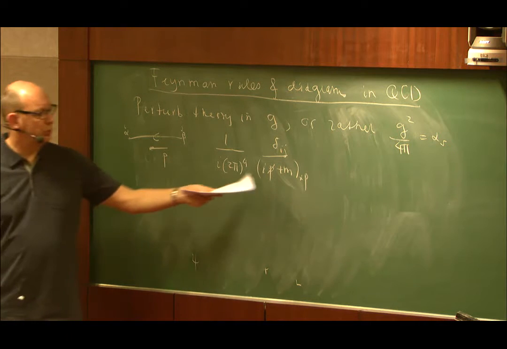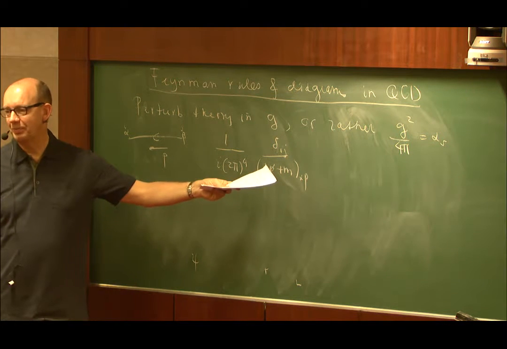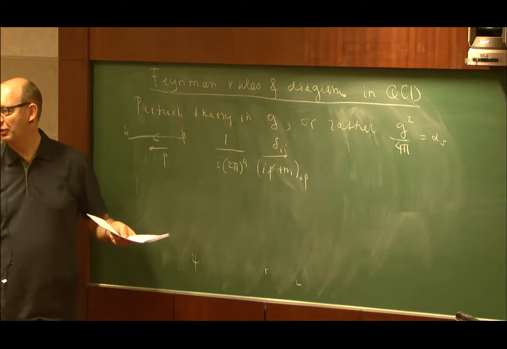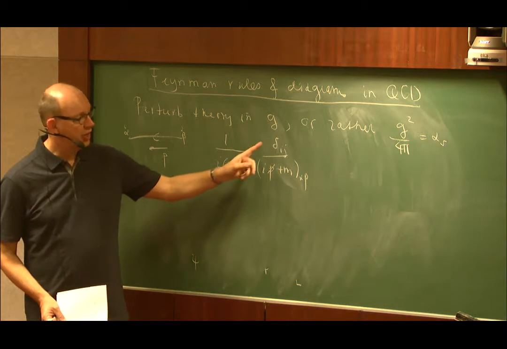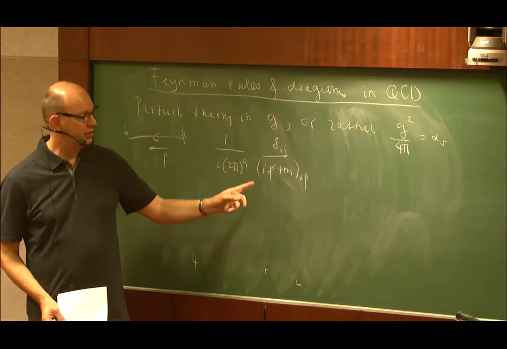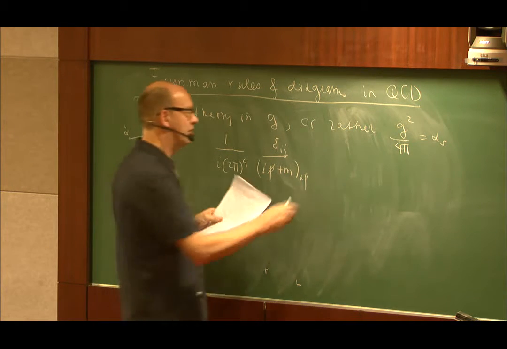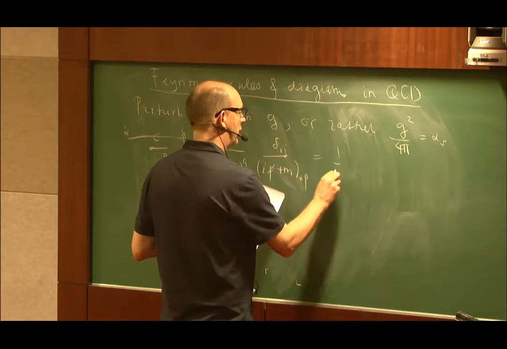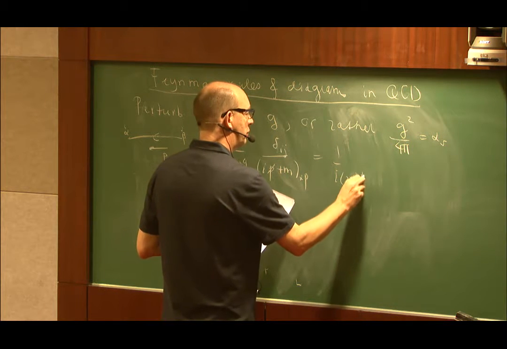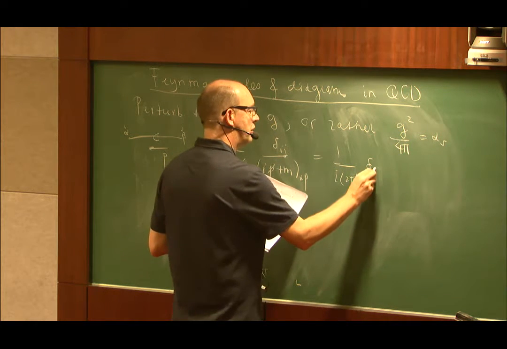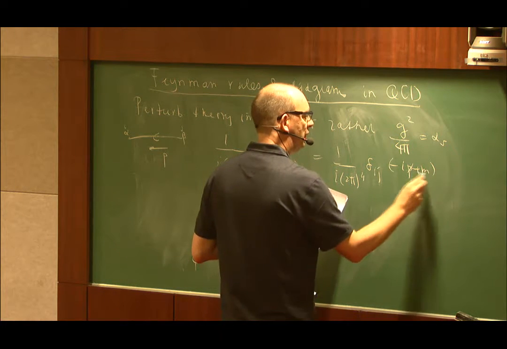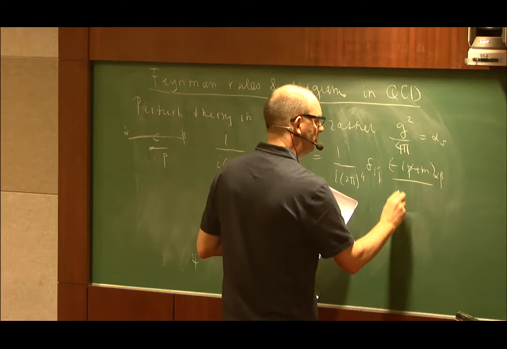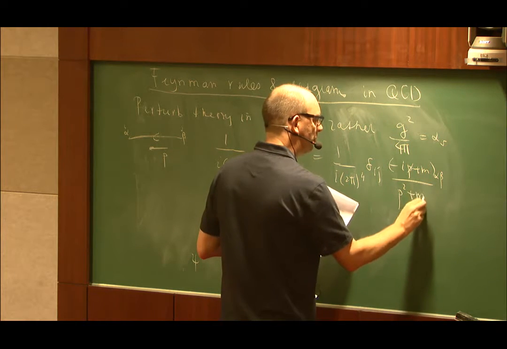Now, this is a weird notation, right? 1 over a matrix. It just means the inverse of the matrix. I could easily rewrite this by multiplying with minus i p slash plus m upstairs and downstairs. And then this is 1 over i 2 pi to the 4th, delta ij, times minus i p slash plus m, alpha beta, over p squared plus m squared.